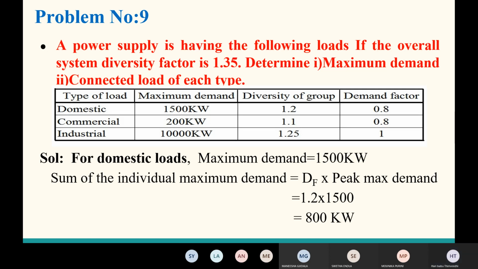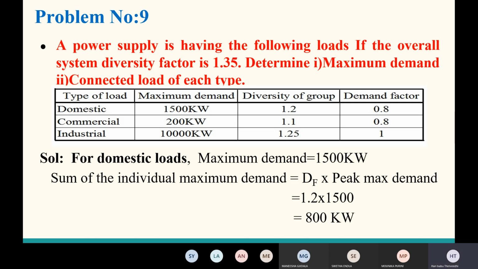So the total is 13,500 kilowatt. That is the sum of maximum demands of domestic, commercial, and industrial loads. Now they have given the system diversity factor 1.35. Diversity factor is equal to the sum of individual maximum demands divided by the maximum demand of the station.